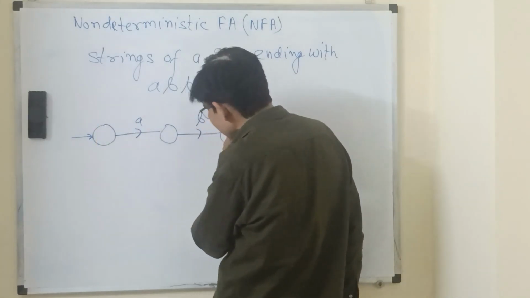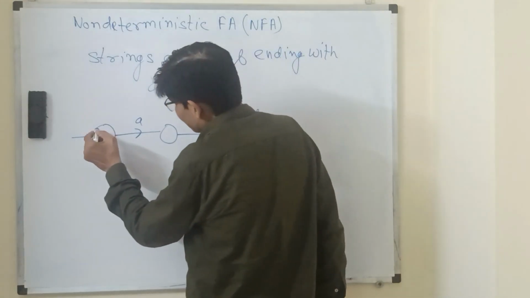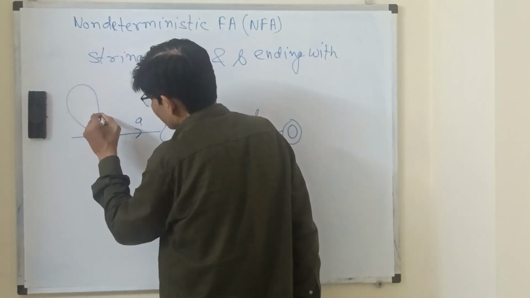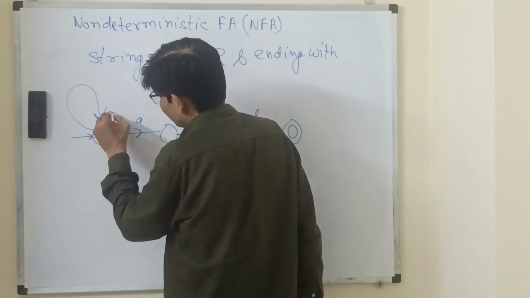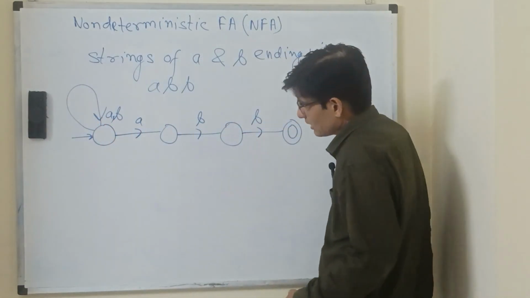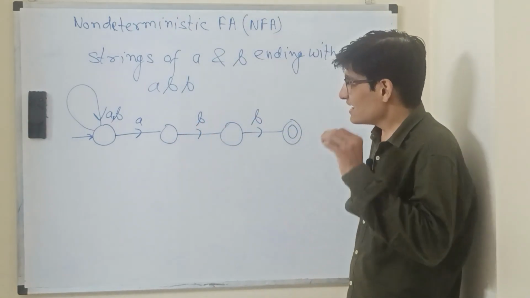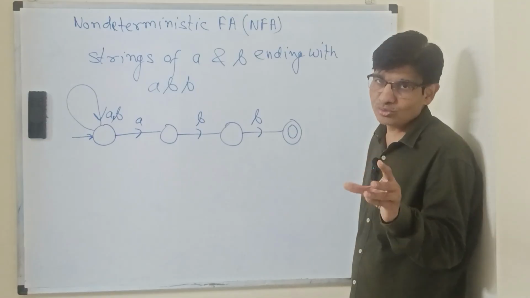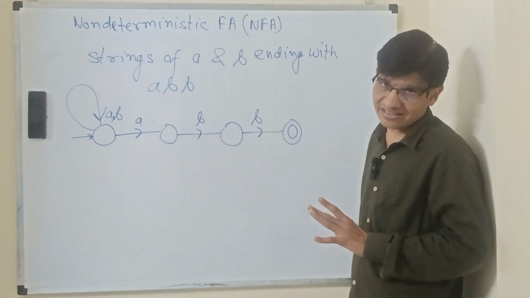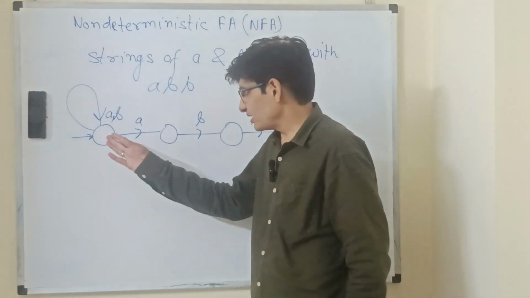Now, before this ABB, I can have any combination of A and B. A comma B I have written here. So now this is the NFA. This completes the NFA. In an NFA, you need not specify all transitions for all the states. So this is called an NFA.